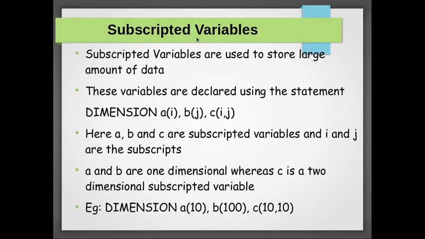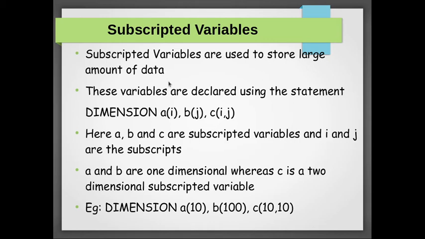Subscripted variables. So what are these subscripted variables? Subscript, all of us know, is a running variable. So subscripted variables are variables with a subscript, as simple as that. Subscripted variables are used to store a large amount of data.